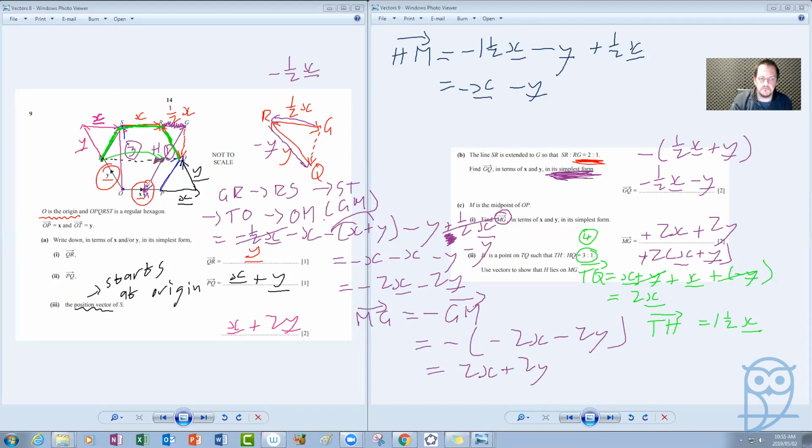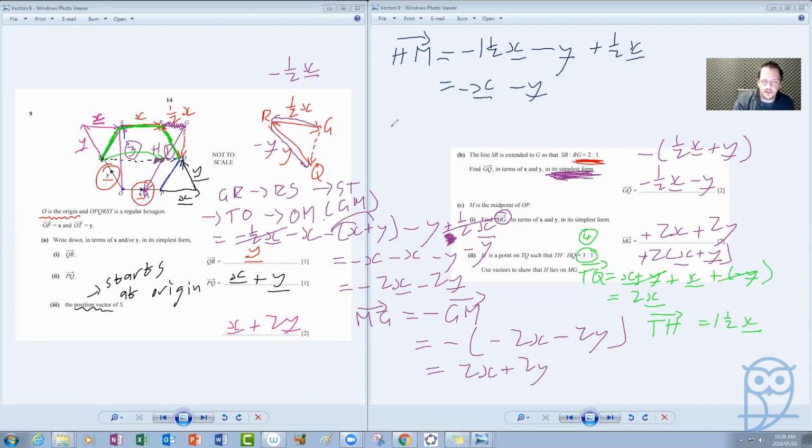But maybe we can split this whole line. Remember, we're trying to show that H lies on this vector. If we can show that by splitting the vector using my H point, those two together would actually give me my vector, then H has to lie on the line.